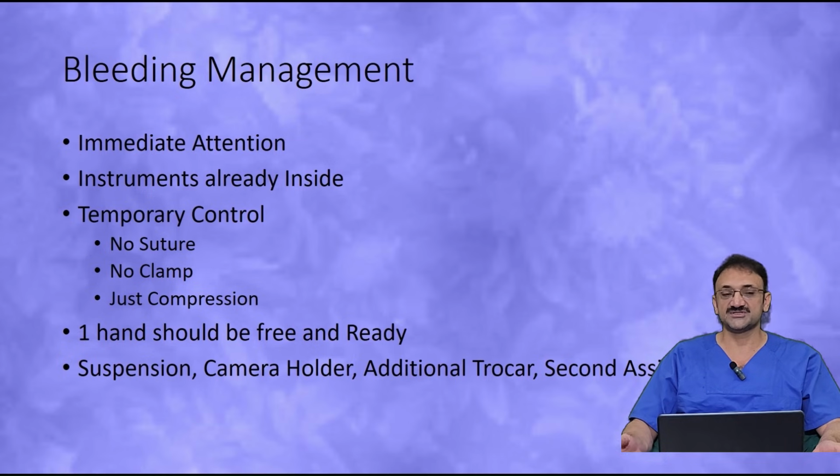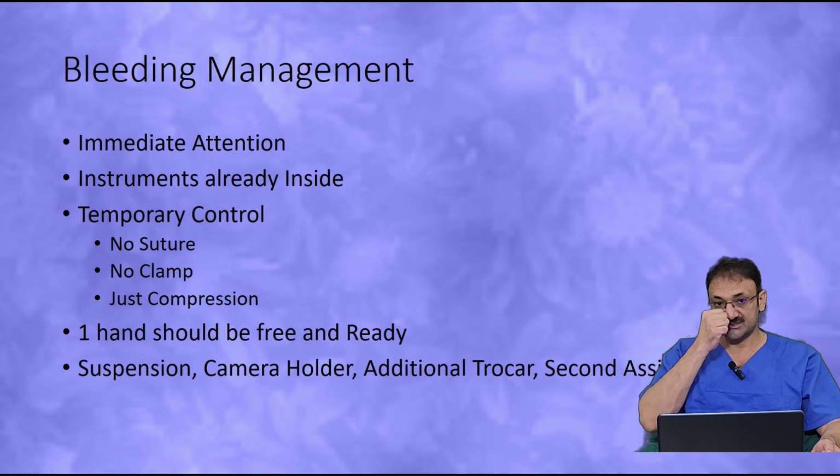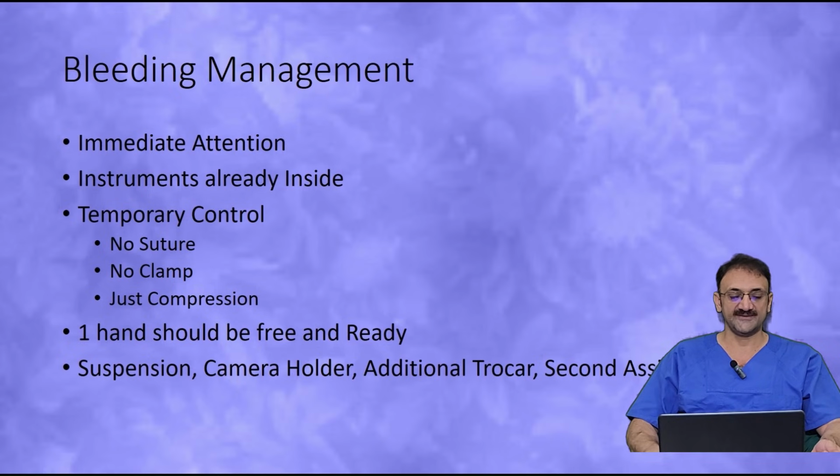It will make your vision better, because red color absorbs all the light. So if there is less red color, the vision will be better, and you'll be in a position to deal with the bleeding. So there is a temporary control of the bleeding, and then there is a definitive control.